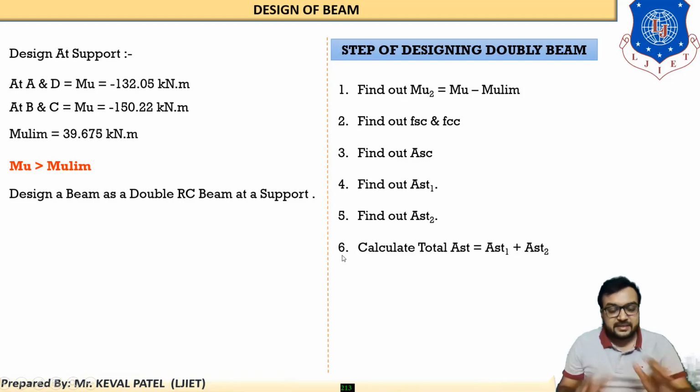Sixth, calculate total Ast, which is the summation of Ast1 and Ast2. After calculating Ast and Asc, we have to provide reinforcement, so the last step is to provide Ast and Asc. All the steps discussed in today's session are repeated for the design at support.